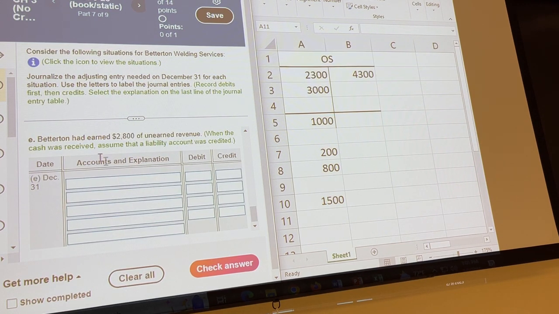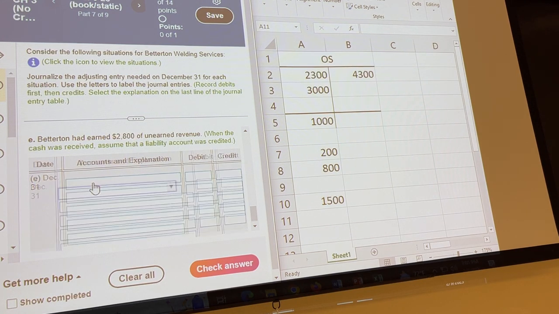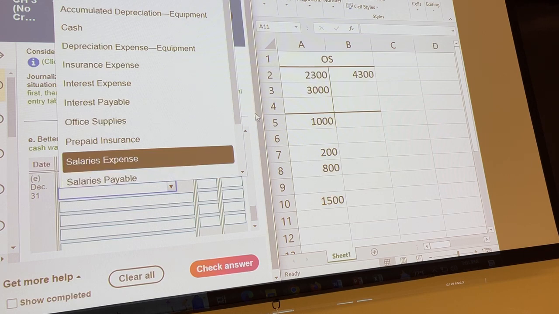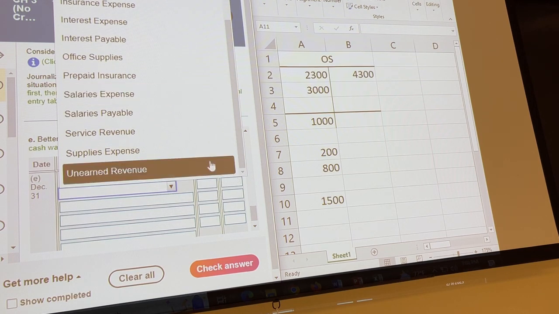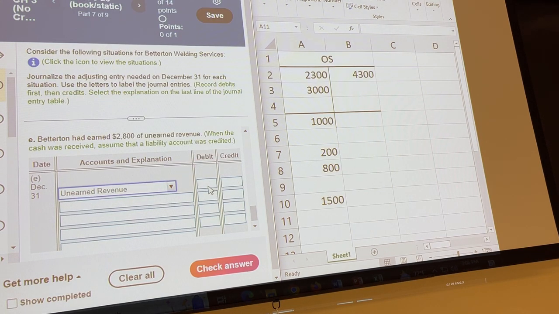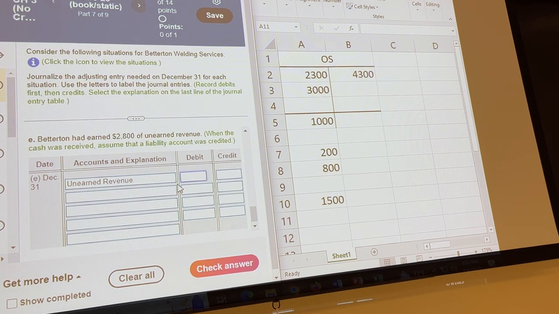Then, this is easy. Betterton had earned $2,800 of unearned revenue, so they're telling us really what to journalize there. So we're taking it out of the liability account, so we debit unearned revenue, 2,800.